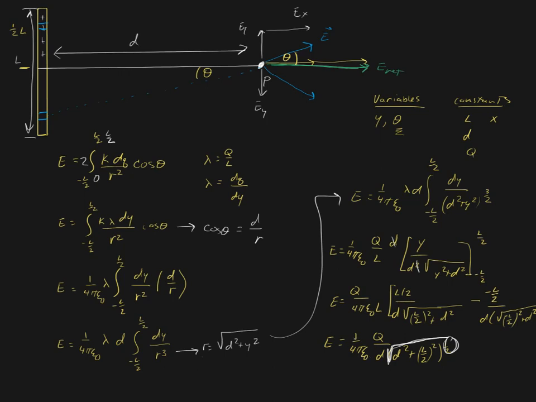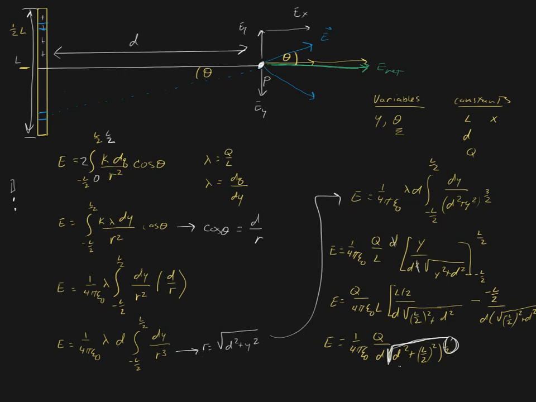So we want to check this answer against whether or not this looks like a point particle far away. And one of the ways we can see that is that, when you're up close, the bar has a dimension. But if you stand really, really far away from the bar, it seems to get smaller and smaller, so that eventually that bar just becomes a little tiny point. Depends on how far away you get.